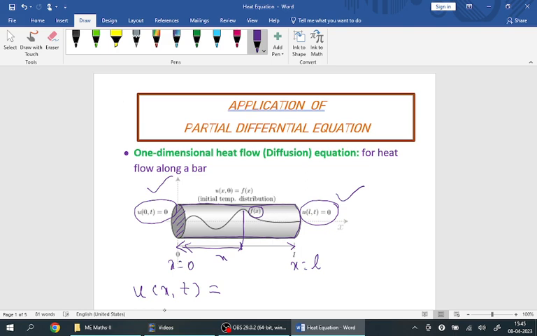This is exactly the same condition that we have in wave equation. In vibration of a string, we saw both the ends are fixed, so there is zero displacement there. And here both the ends are insulated, so the temperature at both the ends is 0. So u is 0.